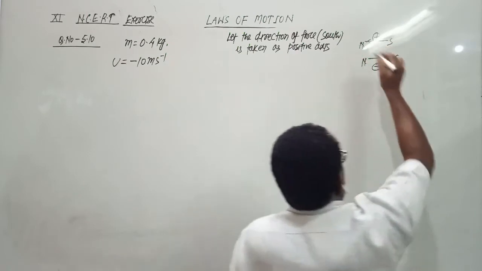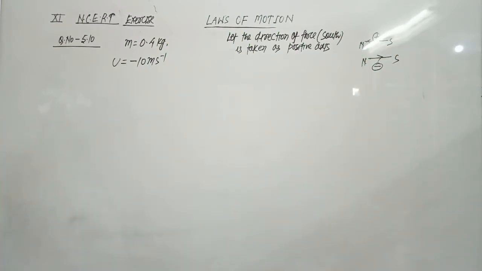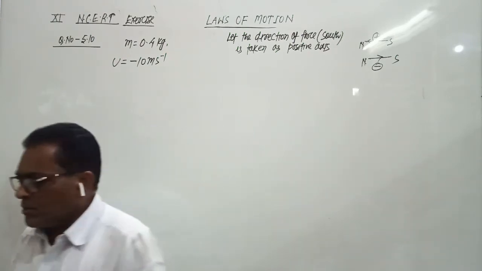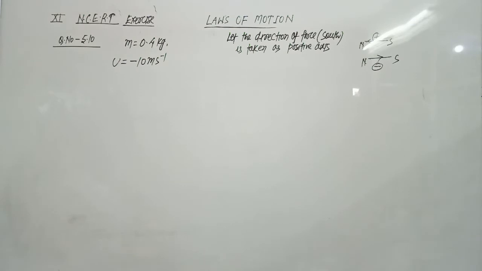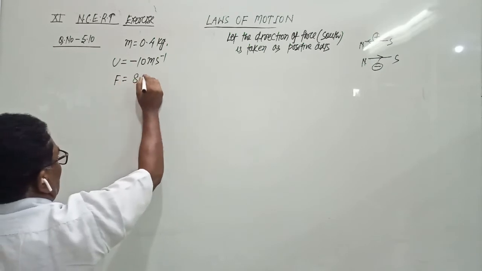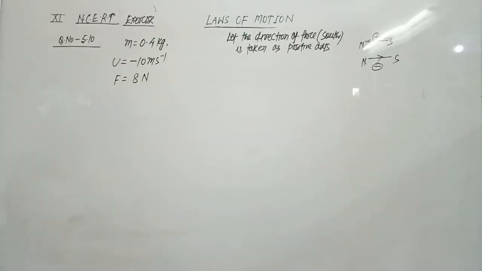The body is moving in the negative axis, that is u equals minus 10 meter per second, and the force applied is 8 Newton. F is 8 Newton.